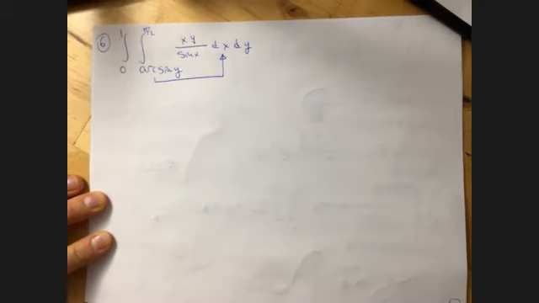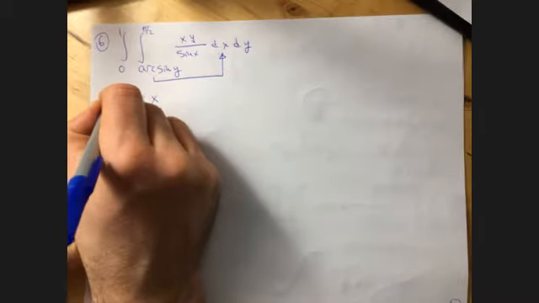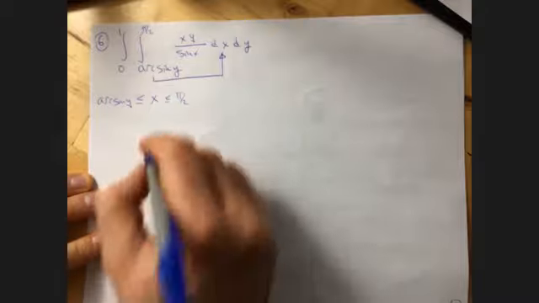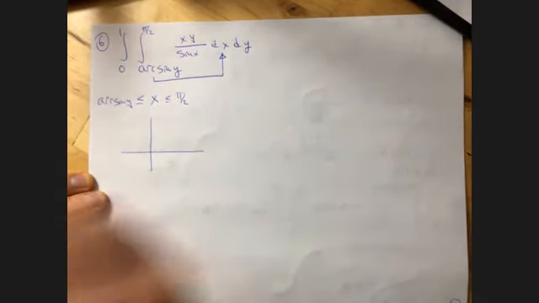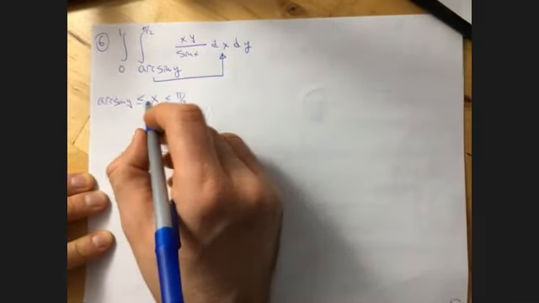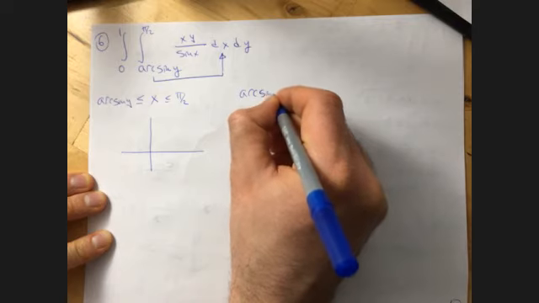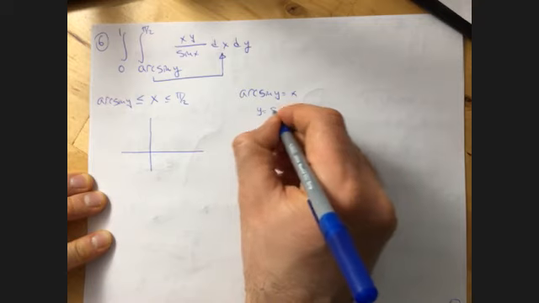Let's just try changing the order of integration. So x is greater or equal to arc sine of y, and it's less than pi over 2. Okay. Again, one way we can sketch this is that I express the arc sine of y function that is equal to x as y is equal to sine of x.